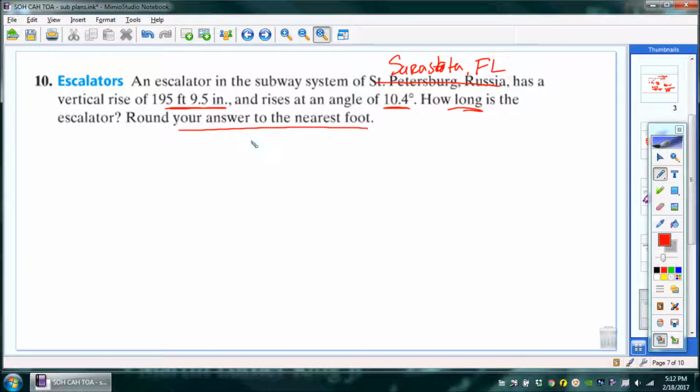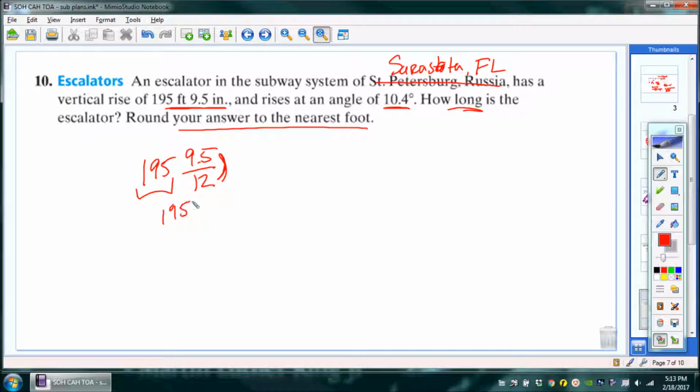So round to the nearest foot, I know it says that. I'm going to do inches. You can do 195. So this is feet. This is your decimal after that to figure out, because this is your inches. So do everything in feet. It'd be 9.5 divided by 12, because that's how many inches in a foot.